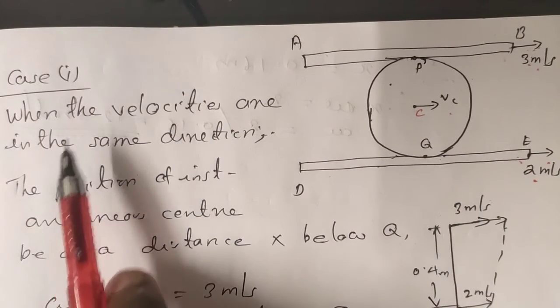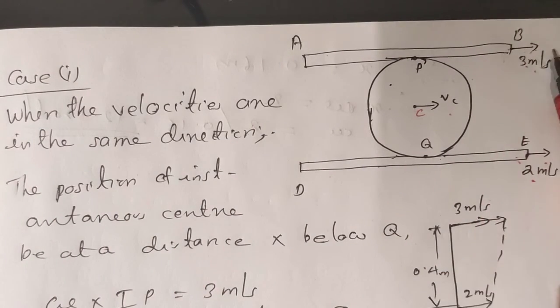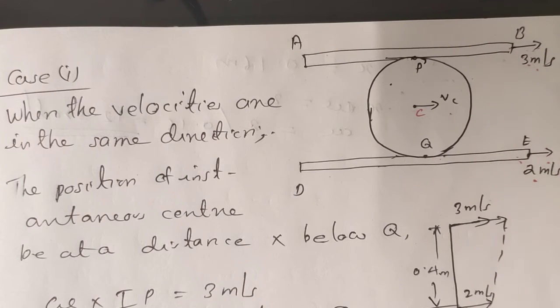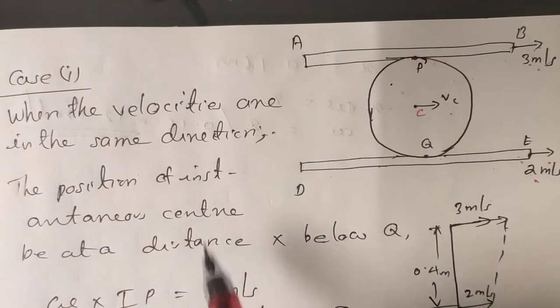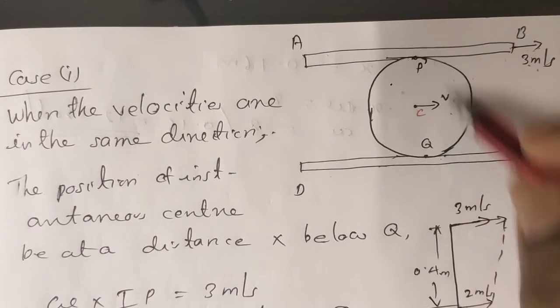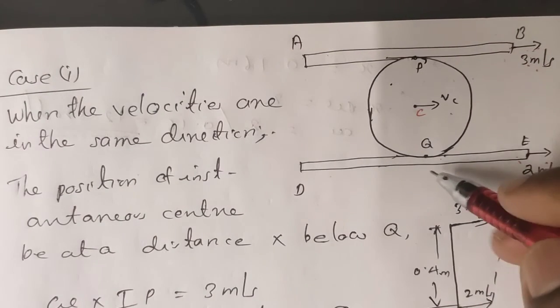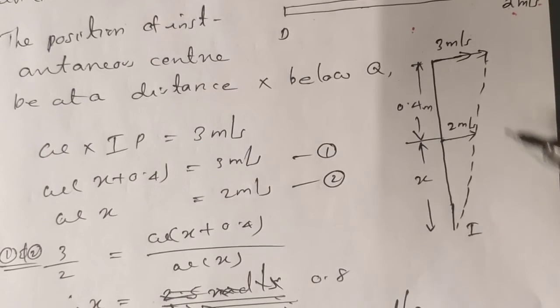So come to the first case. When the velocities are in the same direction, both are in the same direction, 3 meter per second in the forward direction and 2 meter per second in the forward direction. First of all, we should assume that the instantaneous center is not inside this section. It should be below the point Q. So we can represent the instantaneous center here.